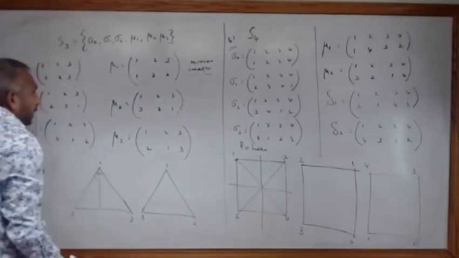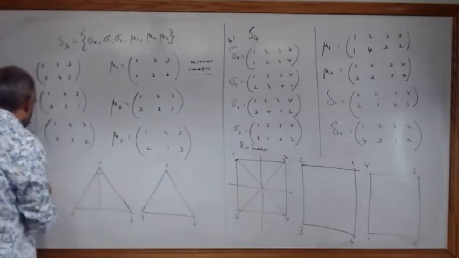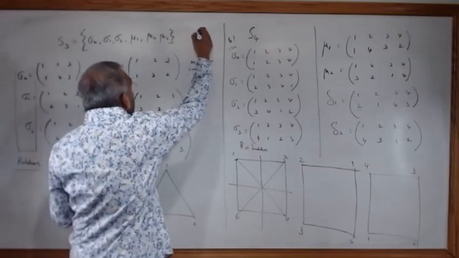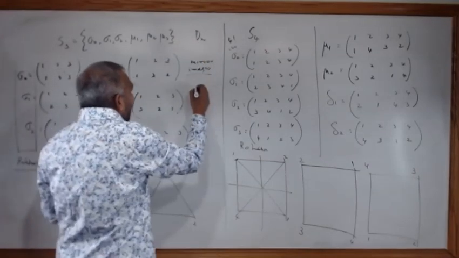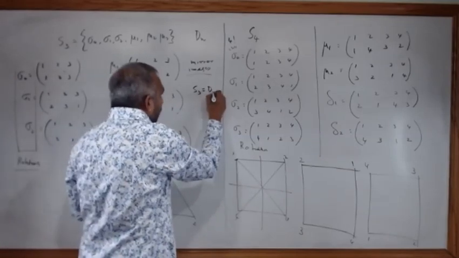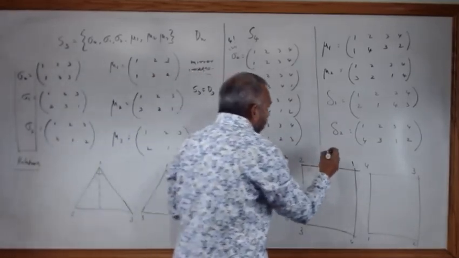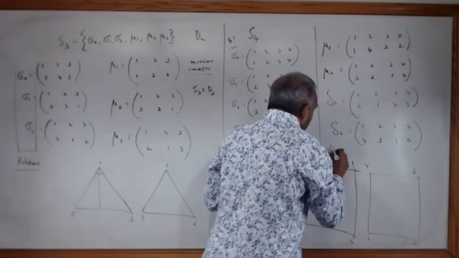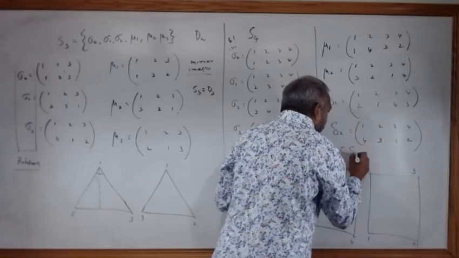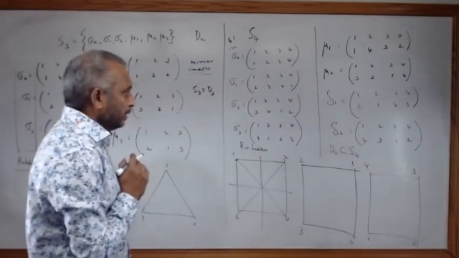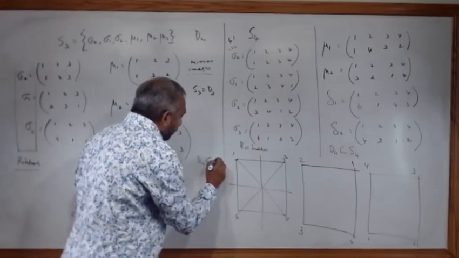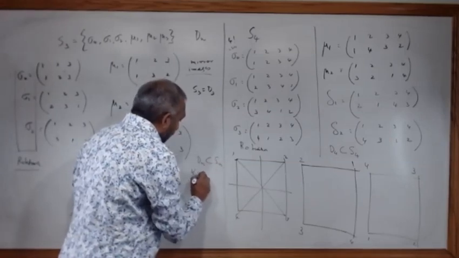Here we are doing the same thing, but the dihedral group is the same as S3. Normally the dihedral group is denoted by Dn. So S3 is equal to D3. But from D4 onwards, Dn is always going to be a proper subgroup of Sn for all n greater than 3.